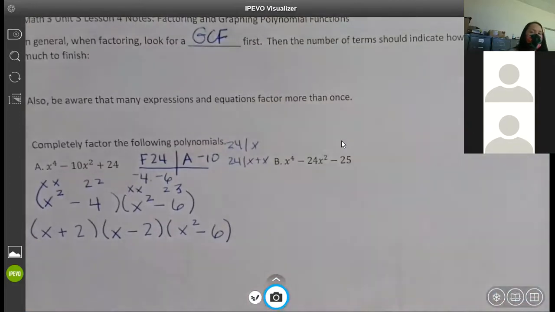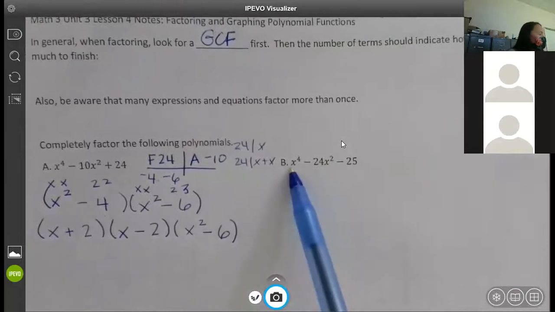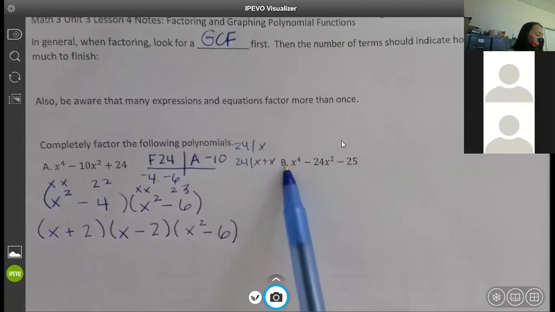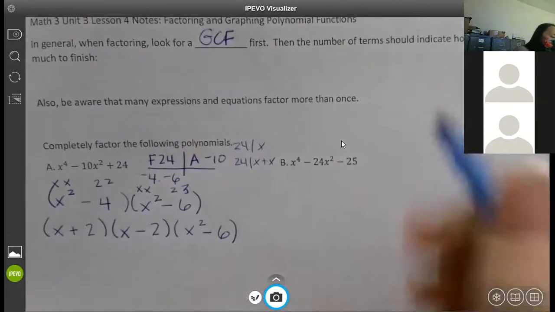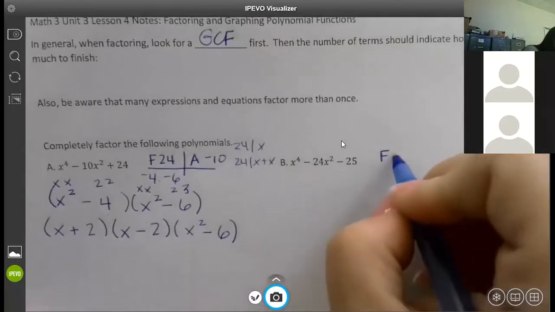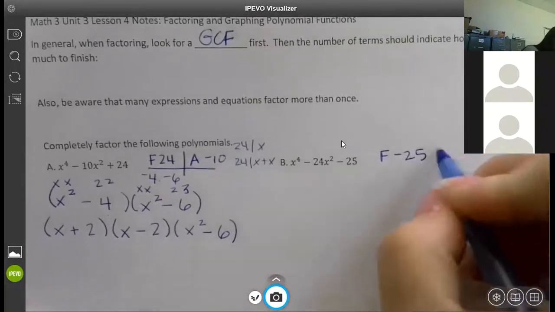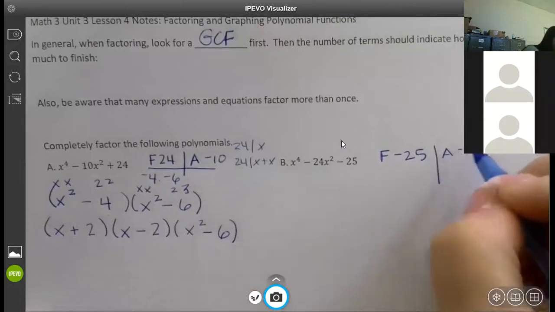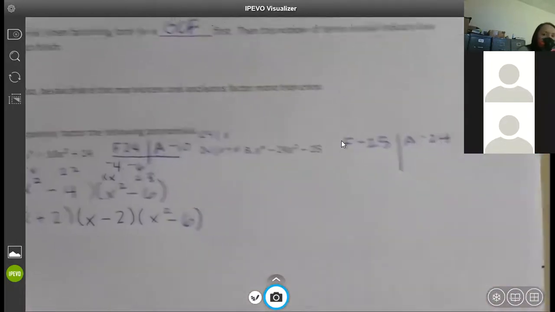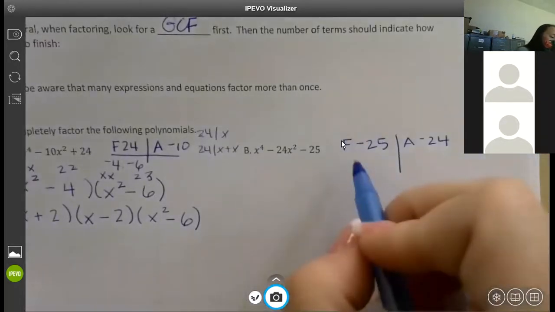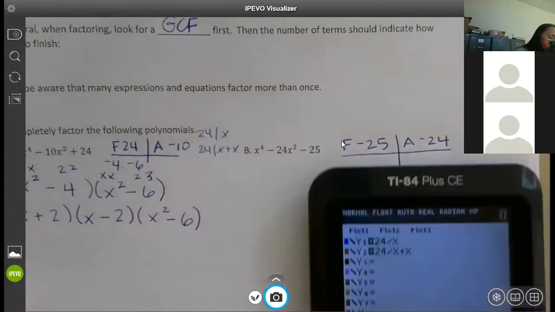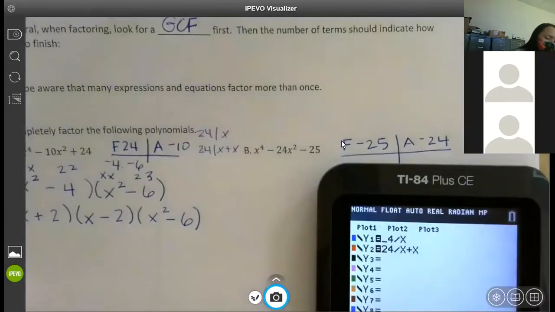All right. Your next one is the exact same way. We don't have a number in front. There's no GCF. So we're going to find factors of the last. This time it's negative 25 that add to negative 24. So in your calculator, you're going to put in a negative 25.